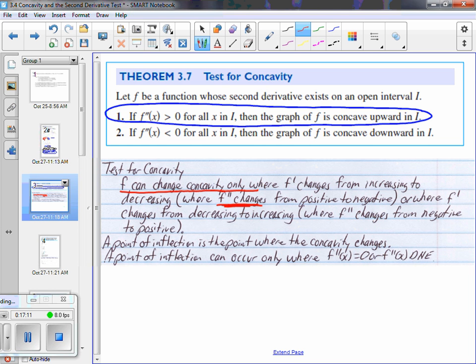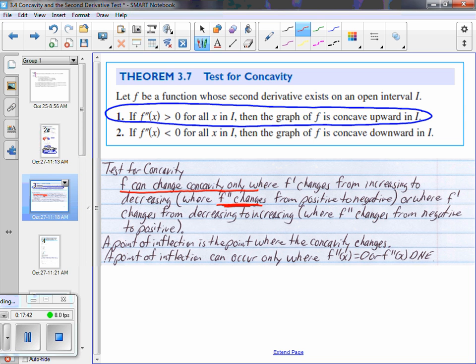Now, think about it. We said that to use the first derivative test, the first derivative could only change signs at the critical numbers, where the first derivative equals 0 or the first derivative does not exist. So if we're looking for places where the second derivative changes signs, can't that only occur where the second derivative equals 0 or the second derivative does not exist?